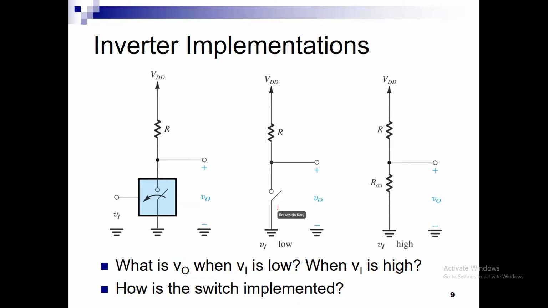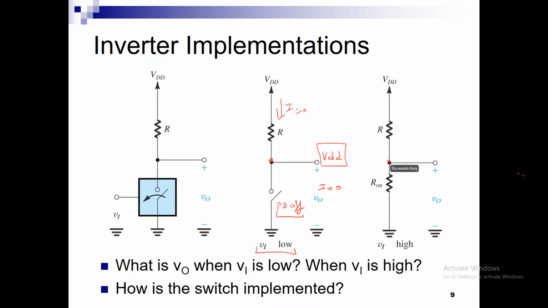When the input is low, the pull-down device is off, its current is equal to zero. Therefore, the output is fully connected to VDD. When the output is fully connected to VDD, in this scenario I is equal to zero and there will be no power dissipated.